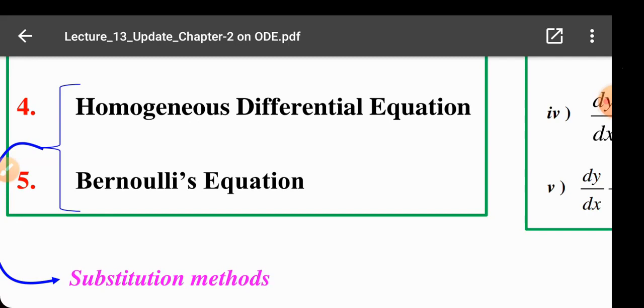If we have a homogeneous differential equation, then we need to convert it to a separable differential equation by using an appropriate substitution. At the same time, if we have a Bernoulli equation, then we need to convert it to a linear differential equation by using an appropriate substitution.